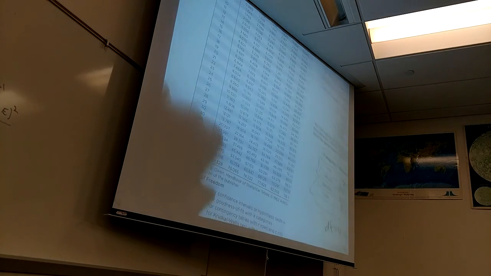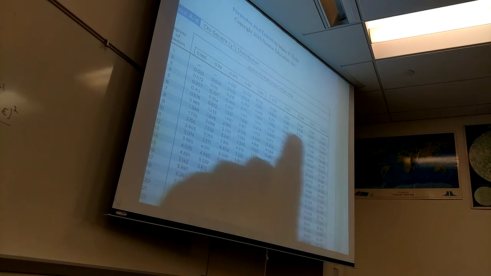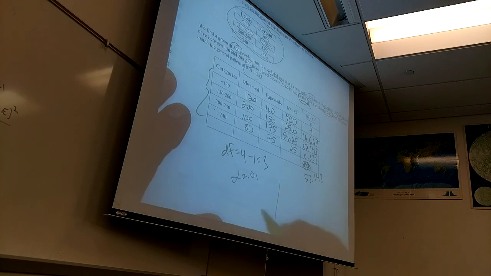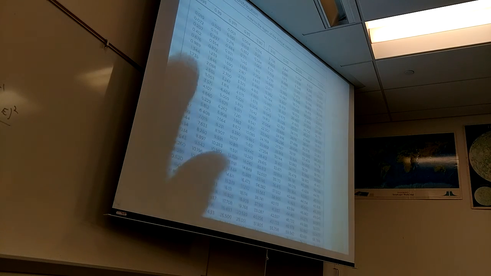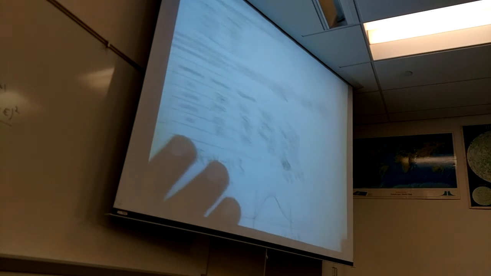So looking at that chart, degrees of freedom is 3, alpha is 0.01, I just get 11.345. I do believe that we kicked that test. 11.345. So what did you guys get?